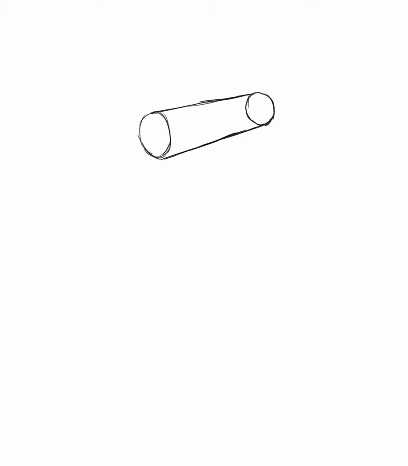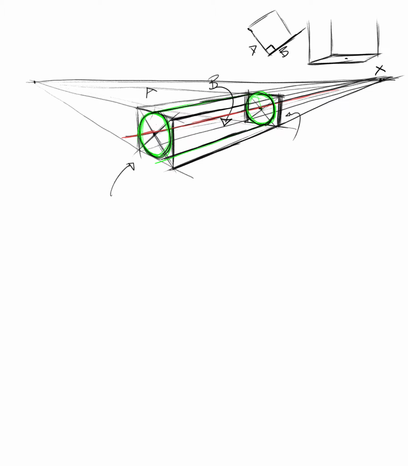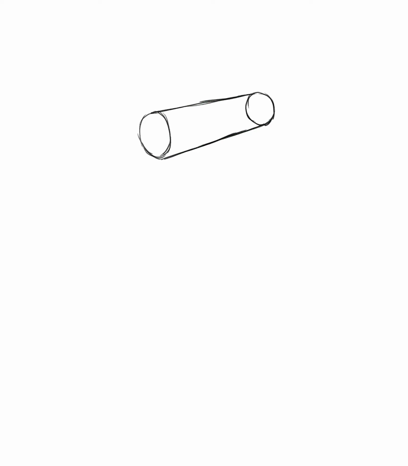So that's the process. This is the longhand process for how to draw a cylinder. Now we can also do it shorthand. We can just sketch in a minor axis. Say, well, let's say that's my minor axis.